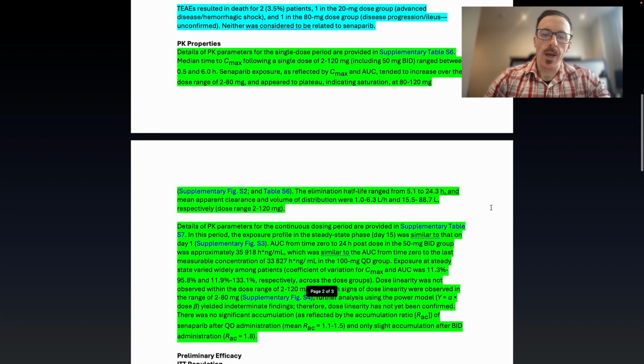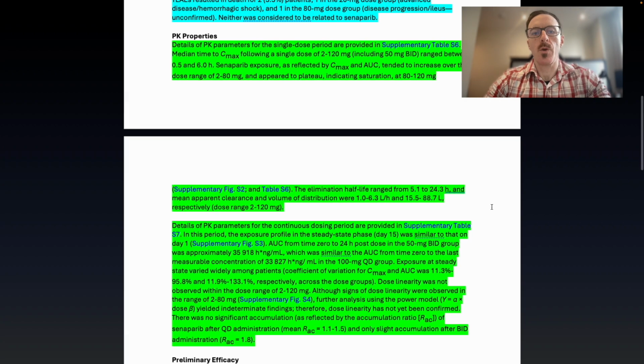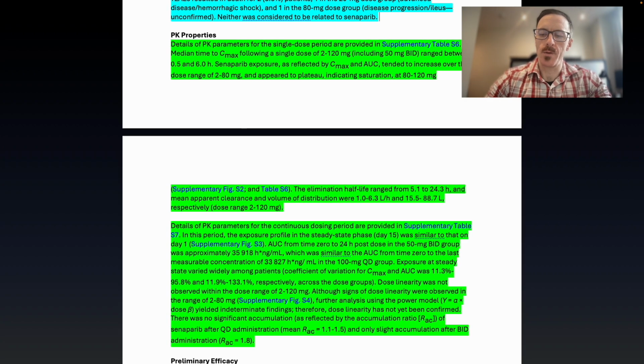So next, the authors refer to the pharmacokinetic properties of their drug. So as I mentioned, besides safety and efficacy, it's common enough for papers to also investigate and report some biomarker or exploratory endpoints.